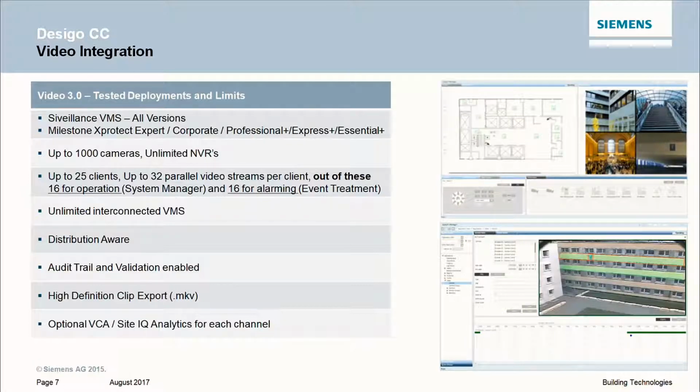Right now, we released a sales release and a product line news, which states the current versions of Surveillance VMS and Milestone XProtect, which we support. Attractive, because Milestone and also Surveillance released new versions, which are smaller and less costly.